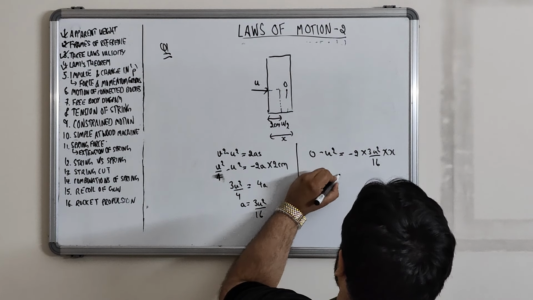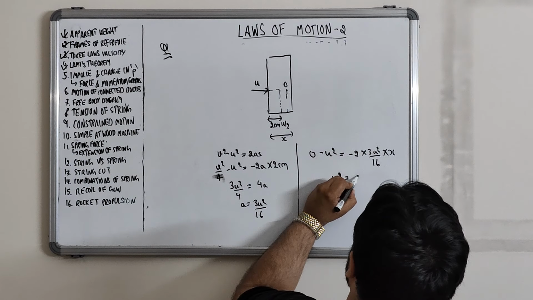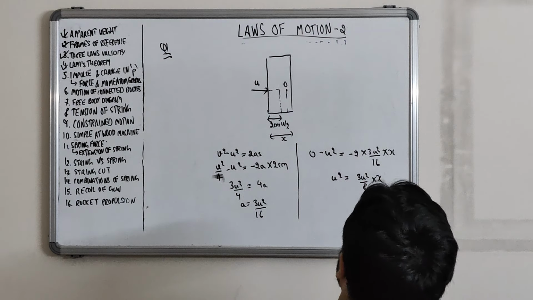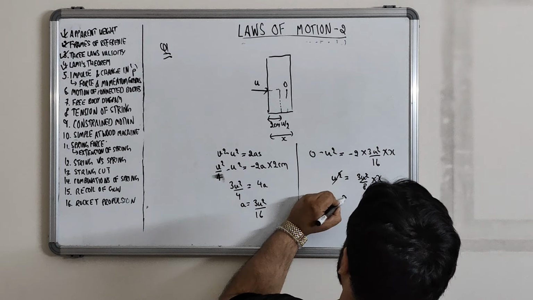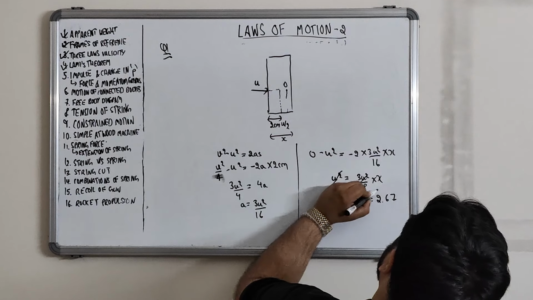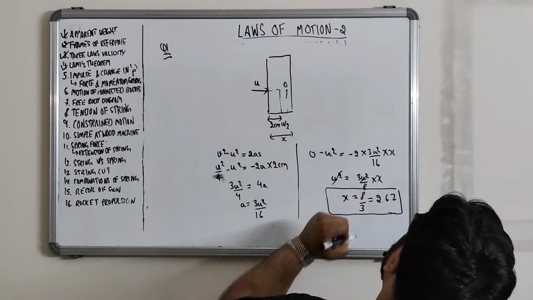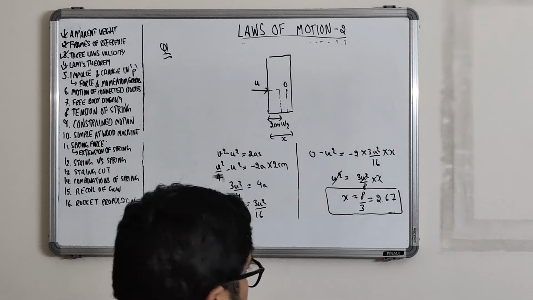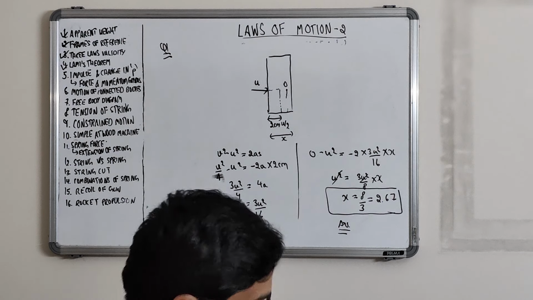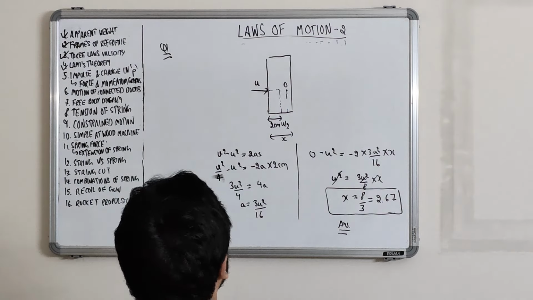So u square is equal to 3u square by 8 into x, u square gets cancelled, x comes to 8 by 3 is equal to 2.67. This is the answer. That was the first question. Let's move on to the next one.